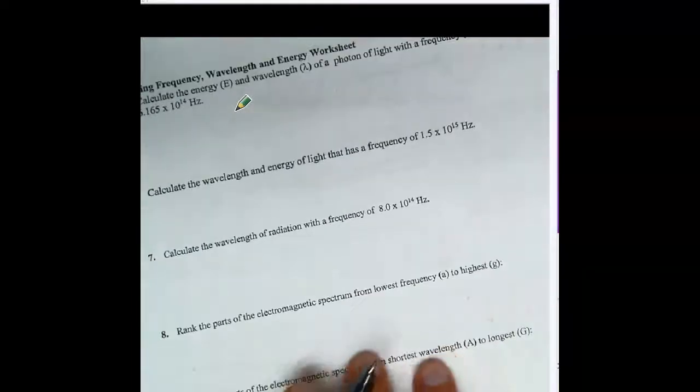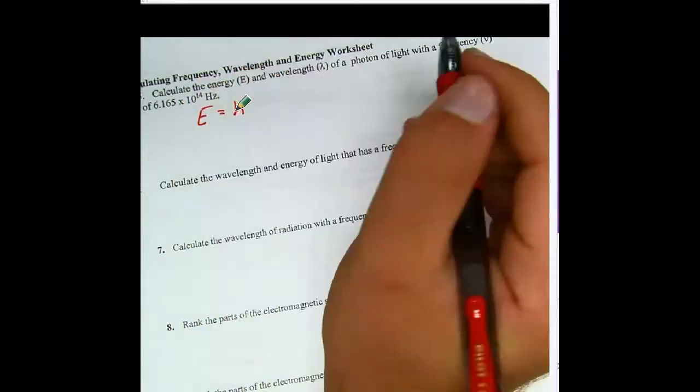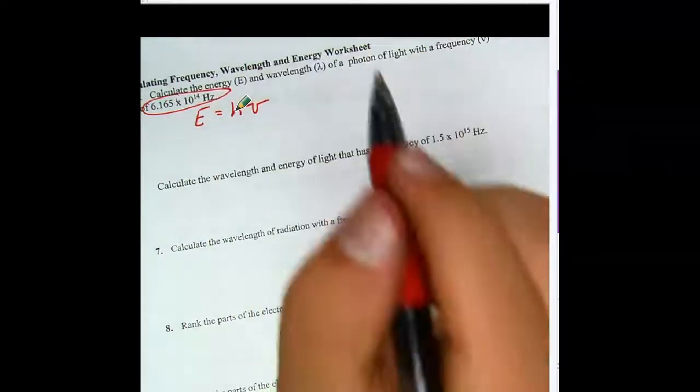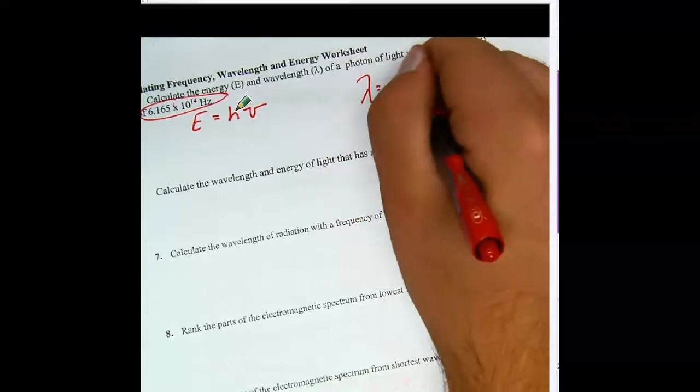Now you have some problems on the back. What I'm going to do is give you the equation you're going to use so that you can plug it in and get your answer. Calculate the energy and wavelength. For energy, you're going to use H times V. That'll give you your energy. To solve for wavelength, you're going to have C divided by that.